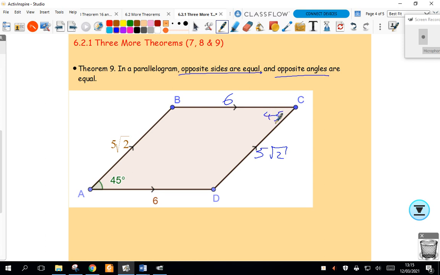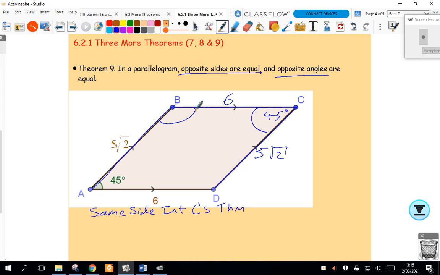Okay? What about the remaining two angles? Well, I would use something called the same side interior angles theorem here, which says if a pair of parallel lines, here we have two lines, A to B and D to C, they're parallel, are being cut by a transversal, well, then the pairs of same side interior angles, that one and that one, must be supplementary.